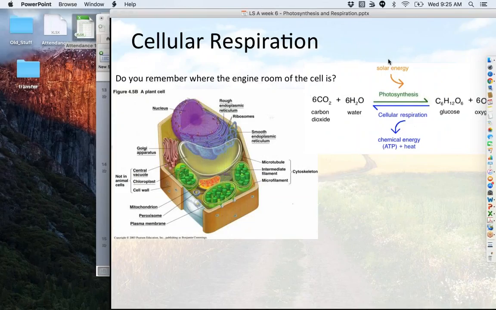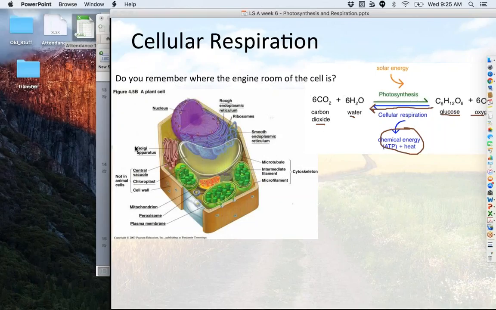Whereas solar energy was needed to create glucose and oxygen from the reactants, when we break down that sugar by running that chemical reaction the other way, we release chemical energy. So glucose and oxygen are broken down inside the mitochondria to create water and carbon dioxide. And that creates chemical energy that can be used inside the cell.